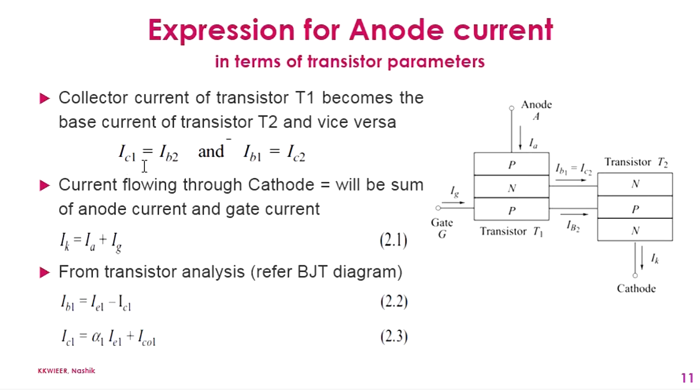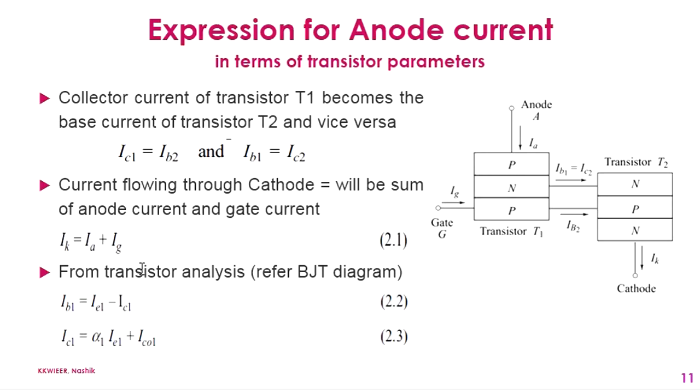So we can write IC1 is equal to IB2 and IB1 is equal to IC2. Now the current flowing through the cathode will be equal to the sum of anode and gate current, as we know. So we can write IK, that is the cathode current, is equal to anode current plus gate current, IA plus IG.